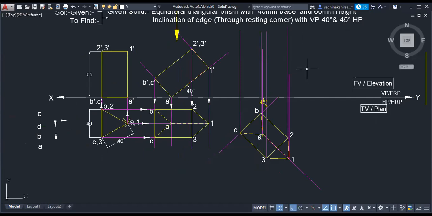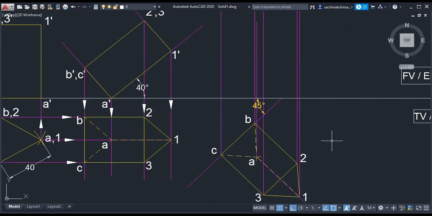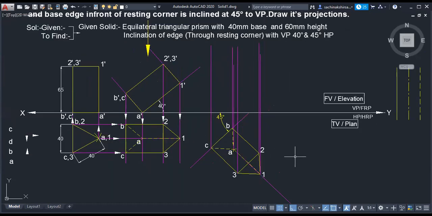Is the projection line of 1 and 2 overlapping, or is it coming very near to each other? Very near to each other. Okay, is it correct? No issue, correct.